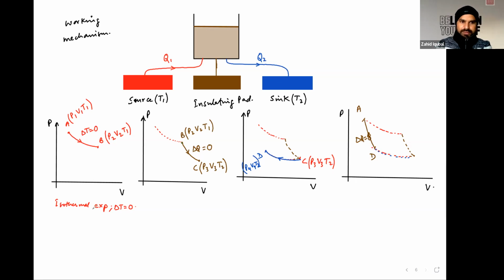Okay, in this part, isothermal expansion of gas, so delta T equals 0.